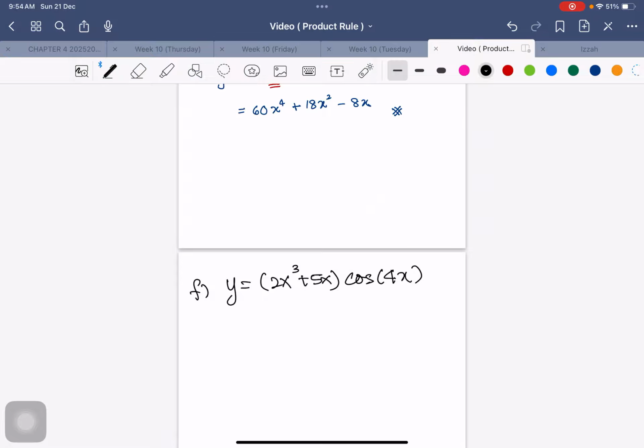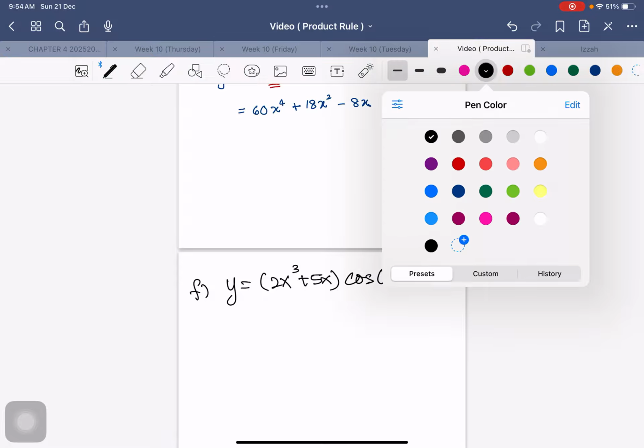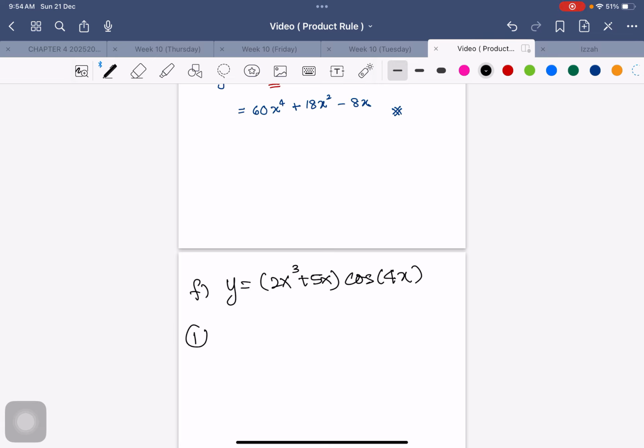Okay, so as for this example, what will be the first step, so what is your u? So u is equals to 2x cubed plus 5x. V is equals to cos 4x. Okay, next step adalah kita nak differentiate. So u prime is equals to, so try to differentiate and you will get 6x squared plus 5.